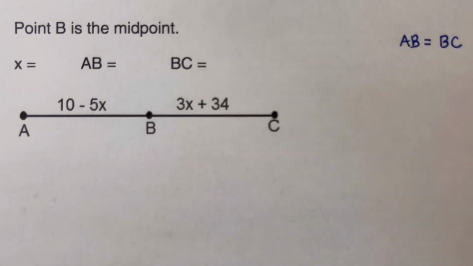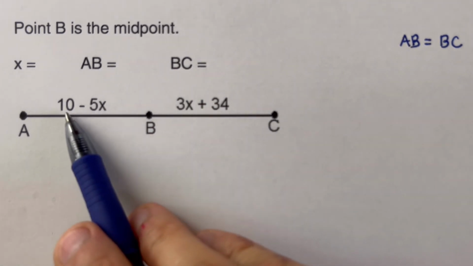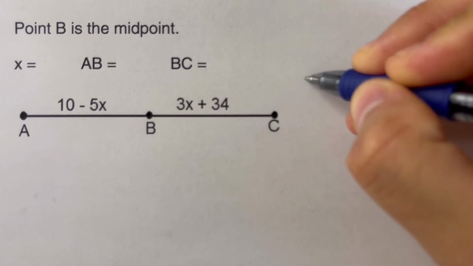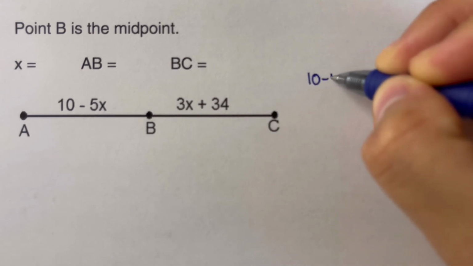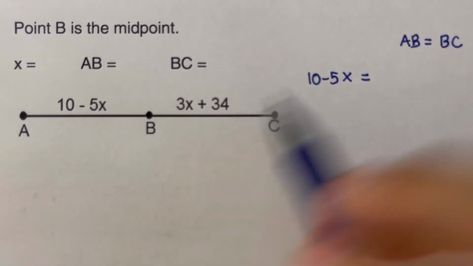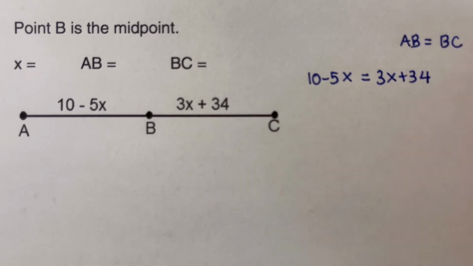Now we plug the values in. Our AB is 10 minus 5x, and our BC is 3x plus 34. So 10 minus 5x is equal to 3x plus 34. Now we do the math to solve for x.